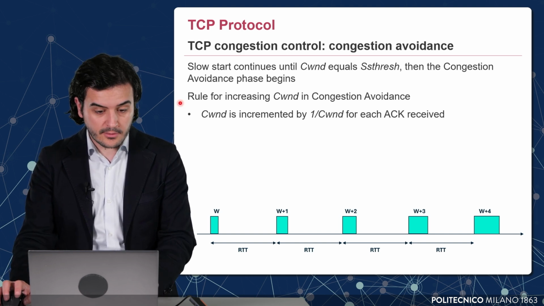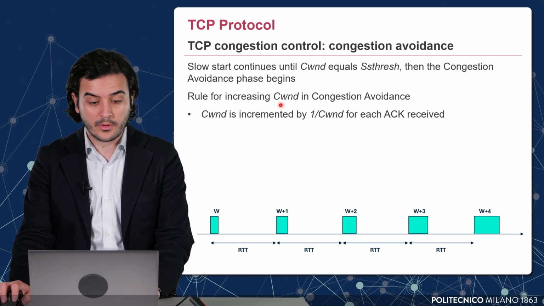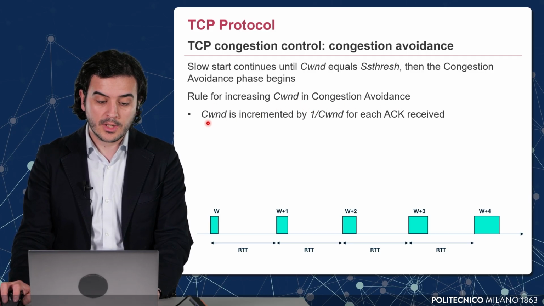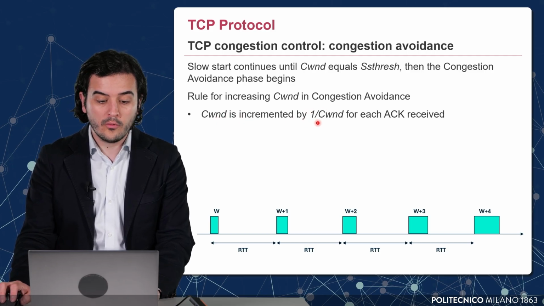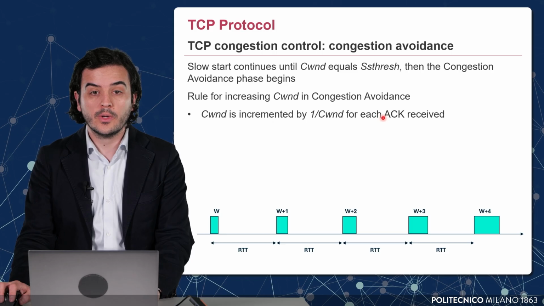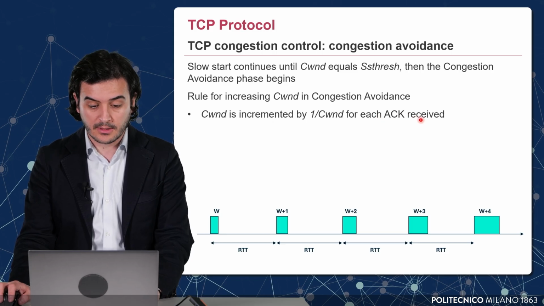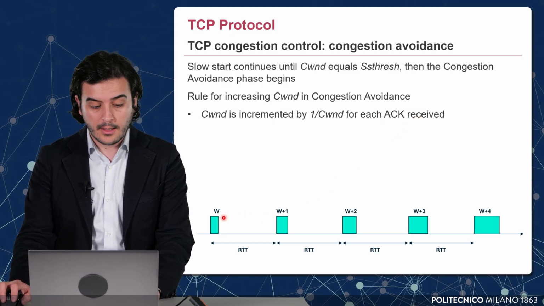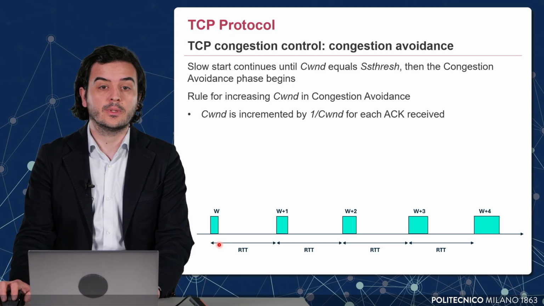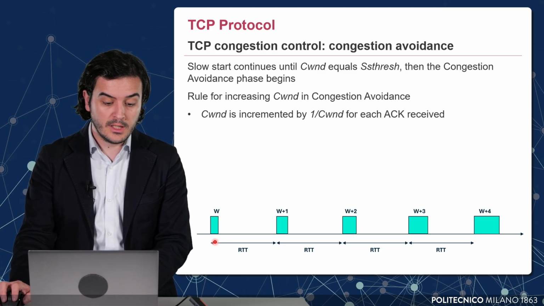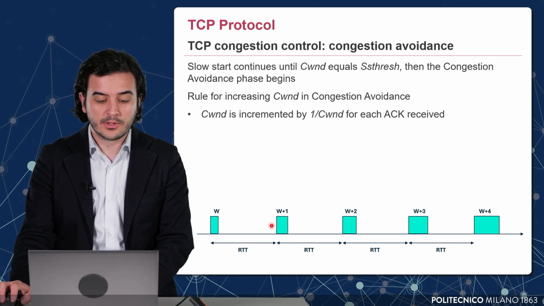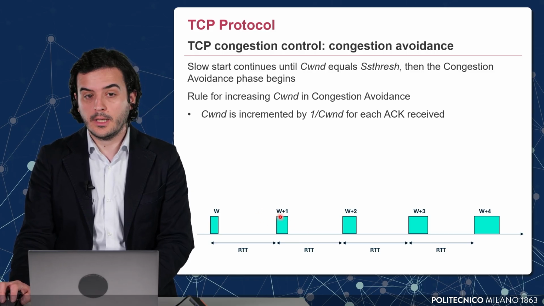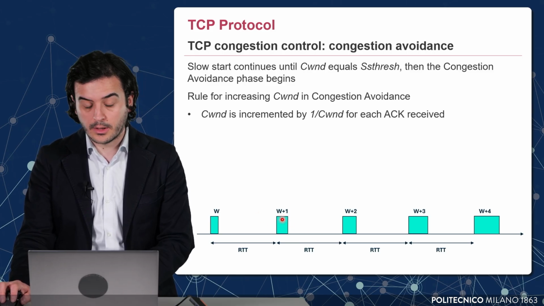In congestion avoidance, the rule is that the congestion window is incremented by 1 over the congestion window for each acknowledgement received. To put it simply, this increment is basically linear.